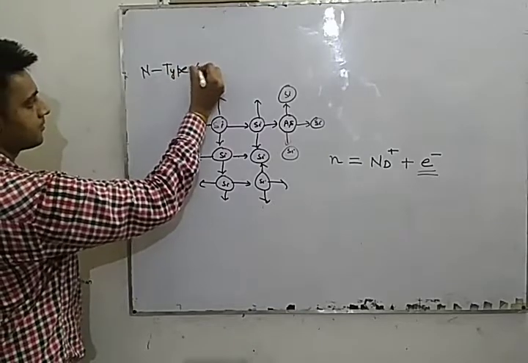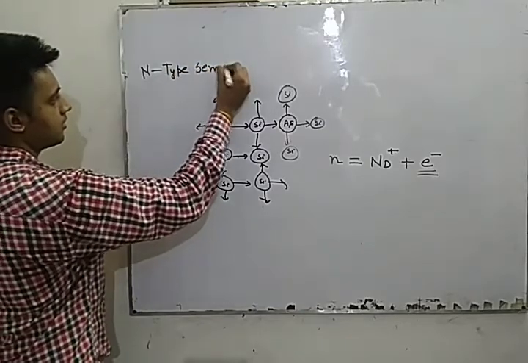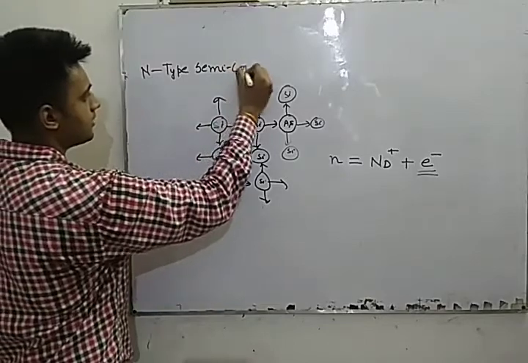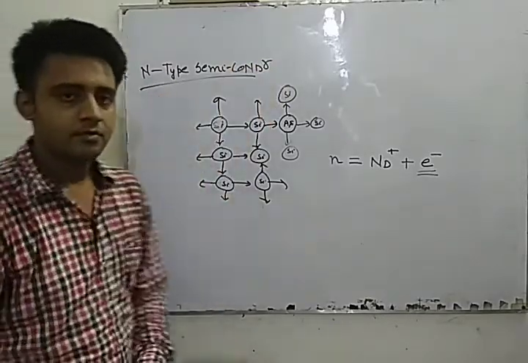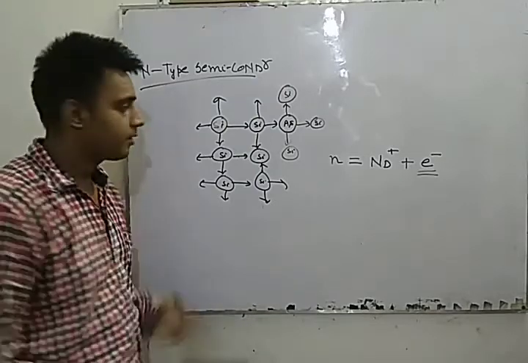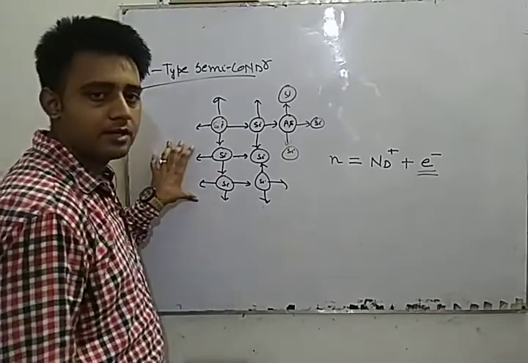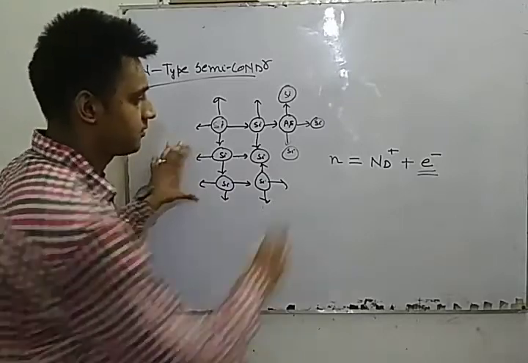N-type semiconductor. Why is it called the N-type semiconductor? Because in this semiconductor, mainly the current flow is due to the electrons.